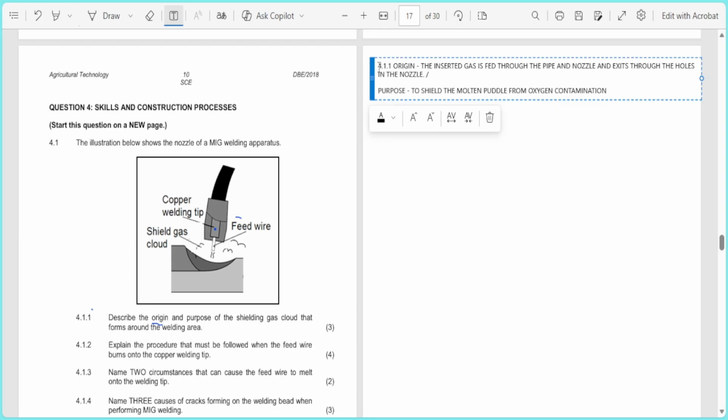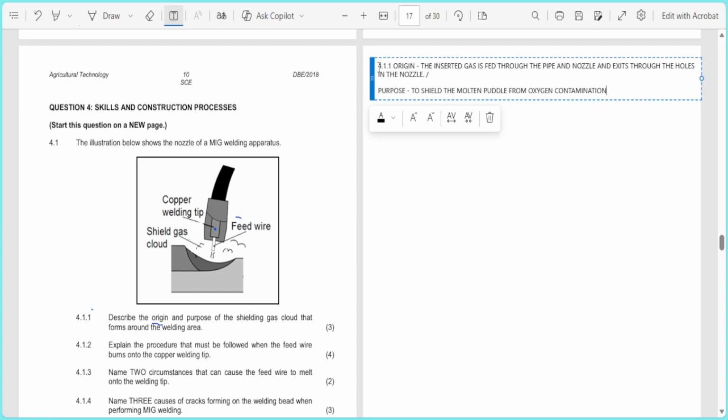When the metal gets super hot during the welding process, it becomes chemically reactive and can easily combine with the oxygen and nitrogen, which are gas elements found in the air. So the shielding gas is protecting that puddle from the surrounding gases.